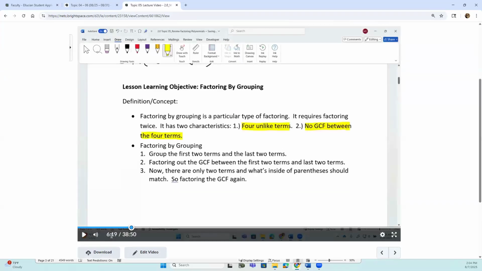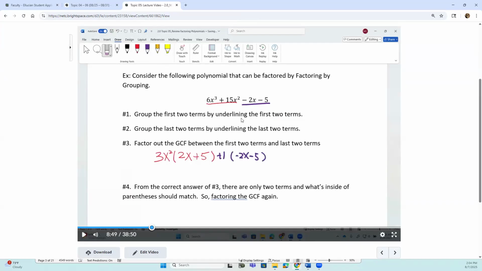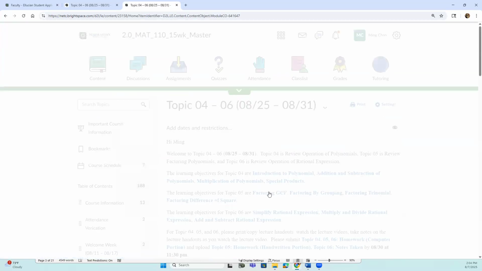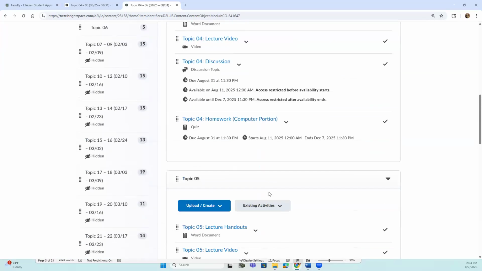If I go forward a little bit, as you can see, your handout is actually blank. Whatever I'm writing down in the lecture video is what you will write down as you take notes on your lecture handout.